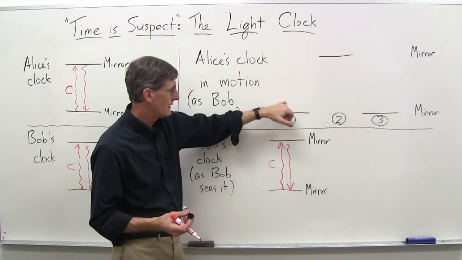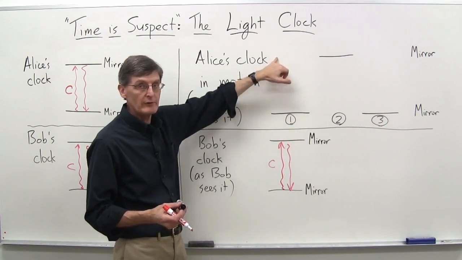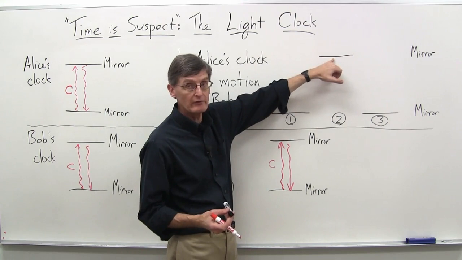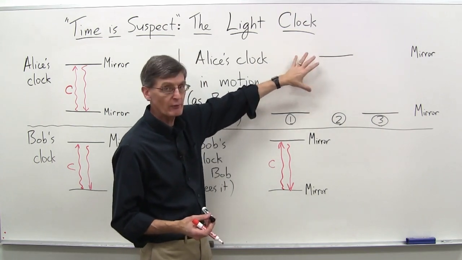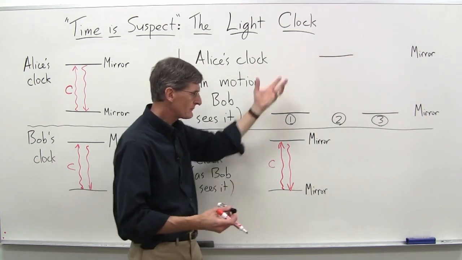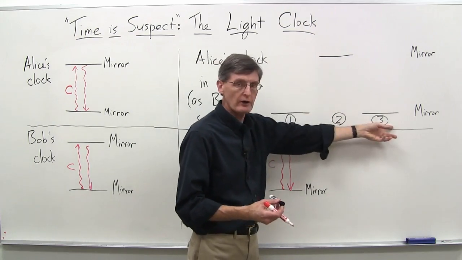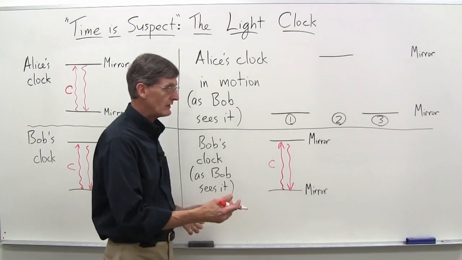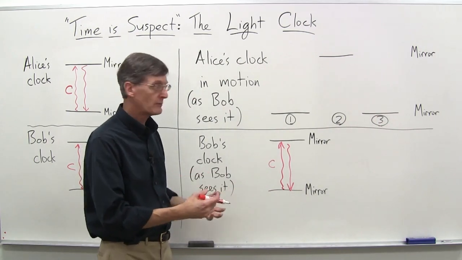As the light beam leaves here, this mirror is not going to be there anymore. It's actually going to travel over here and hit the mirror there, because that's the position of the mirror at that point, as Bob is observing it. And then the bottom mirror will be here by the time it gets back down again. Long story short is the path of the light beam as Bob observes it.